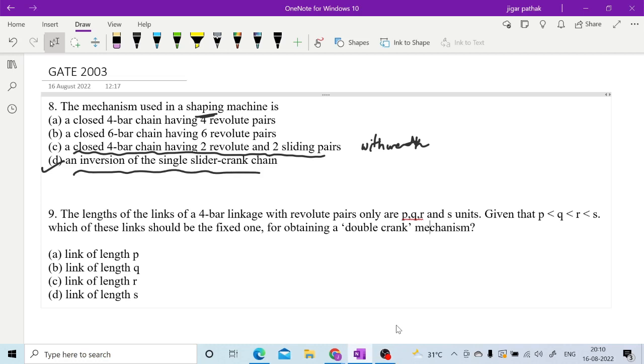Actually, till now, what we have seen as important from the GATE point of view is the terminology used for the subject, like links, then kinematic pairs, types of kinematic pairs, then kinematic chain, mechanism, mechanisms and their inversions, and then degree of freedom. And right now, we are going through the questions based on Grashof's law and the quick return mechanism.